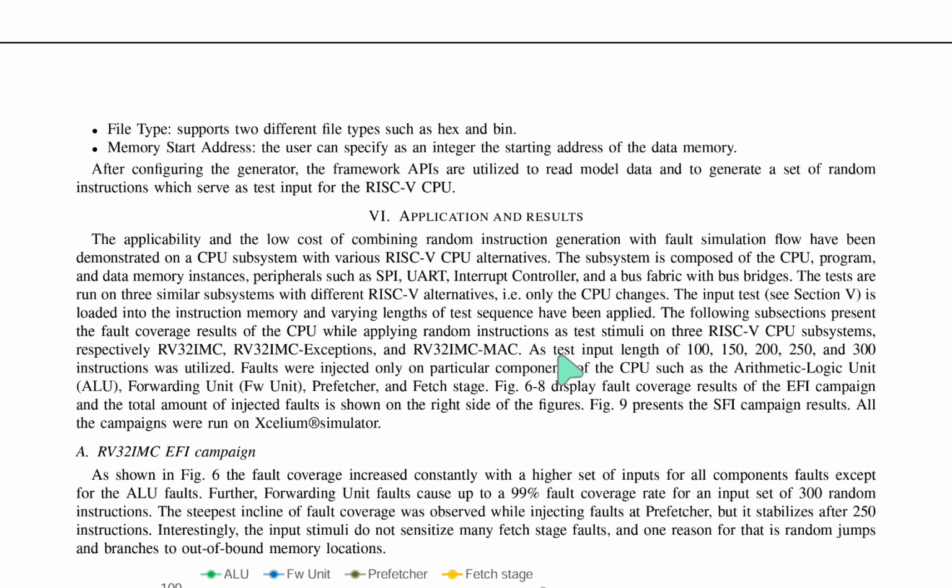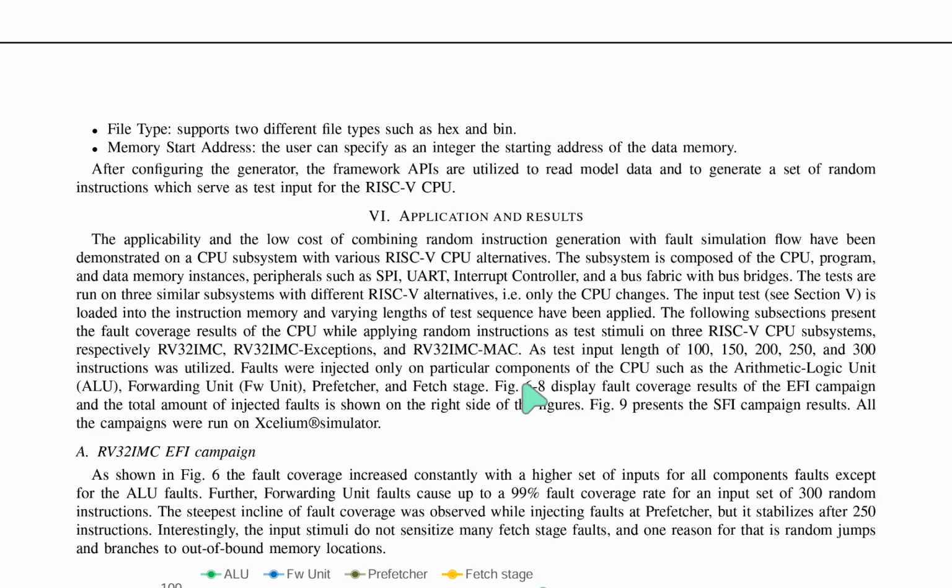Test input lengths of 100, 150, 200, 250, and 300 instructions were utilized. Faults were injected into only one particular component of the CPU at a time, such as the arithmetic logic unit ALU, the forwarding unit FW unit, and the prefetcher and fetch stage.